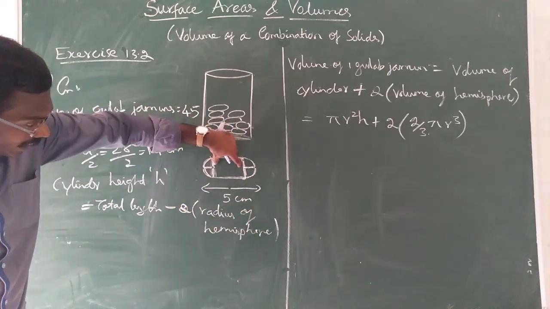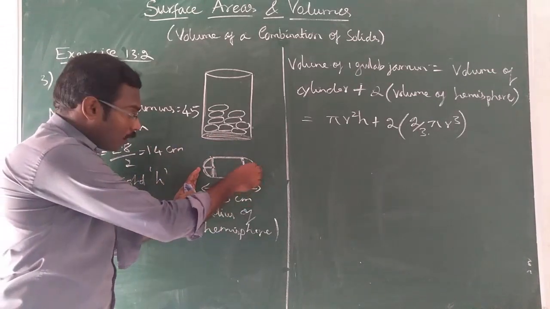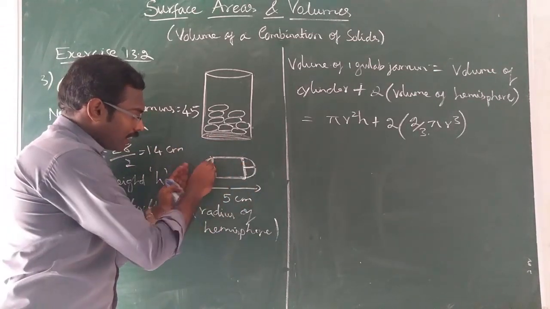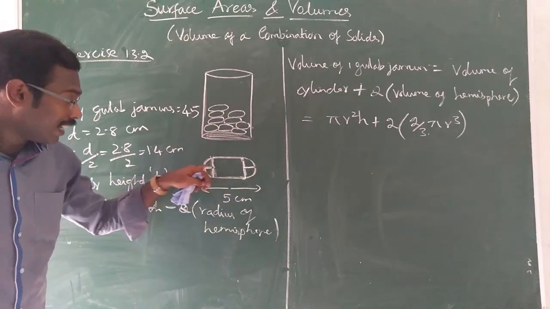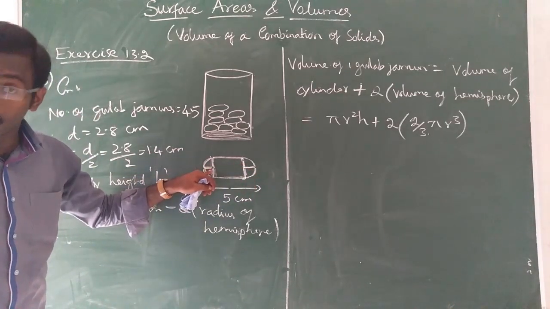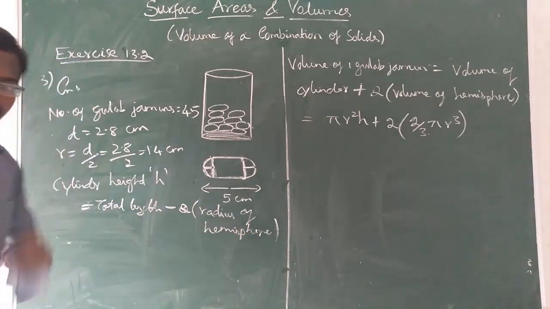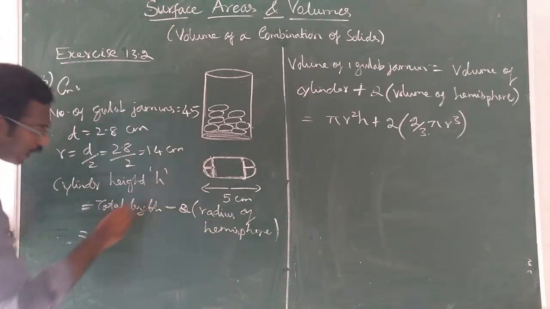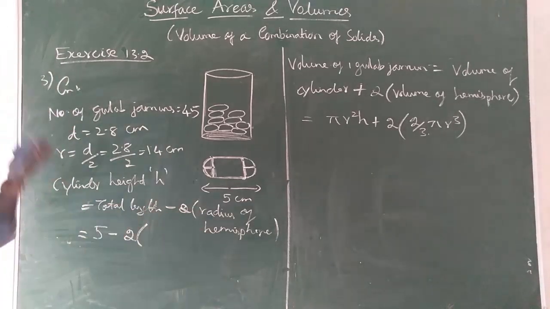But I want only this length. So what should I do? From the total length, I have to subtract this small length and this small length. This small length is nothing but the radius of hemisphere. This is also radius of hemisphere. So I am writing 2 into radius of hemisphere. Clear? Now that is equal to 5 minus 2 into the radius of hemisphere.